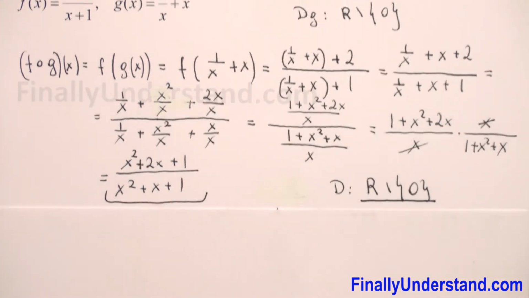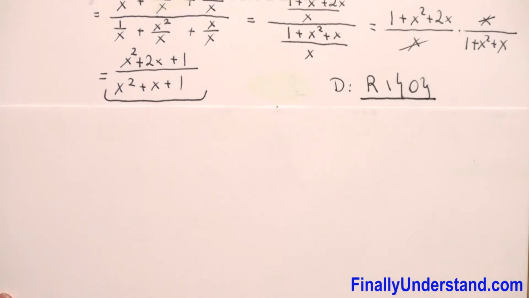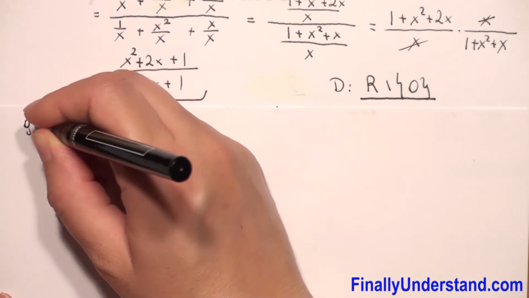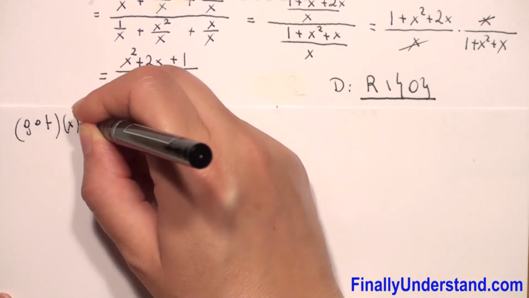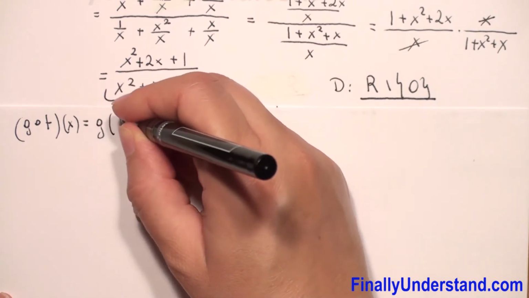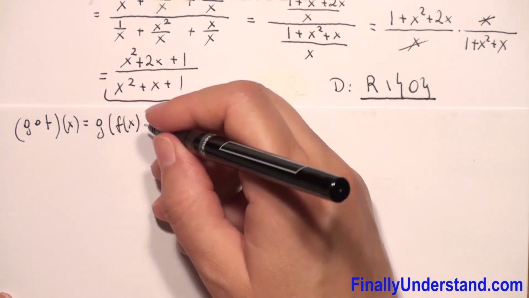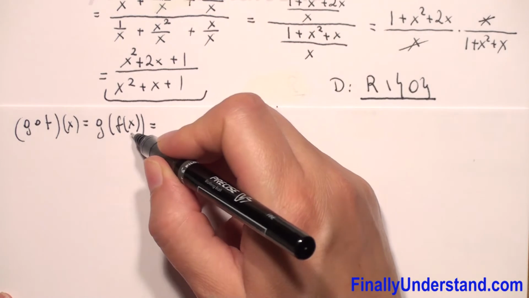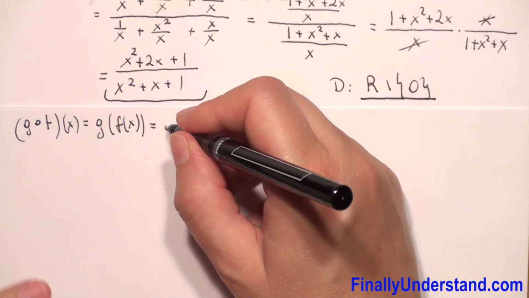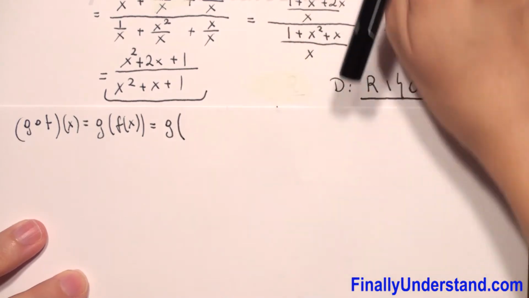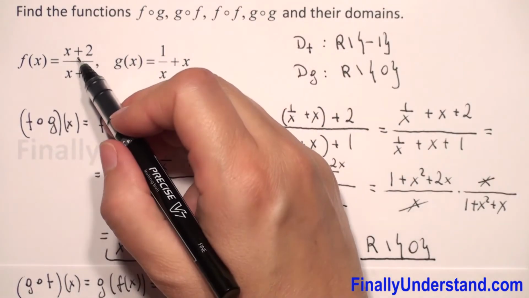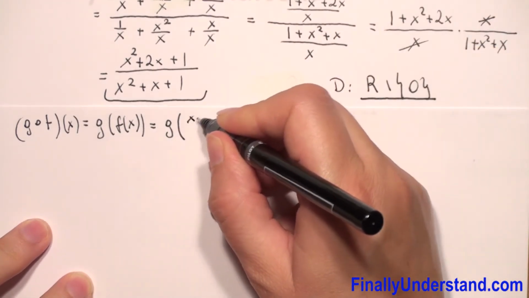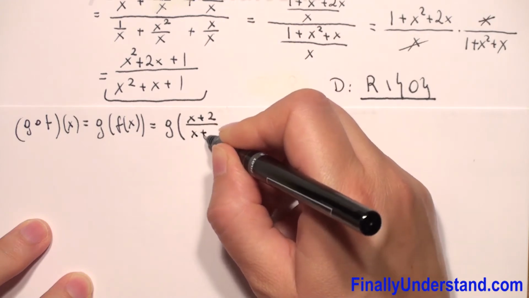Next, we have to find the composition g of f. So this is equal g of f of x. So now we have to replace f of x by the formula of our f function. So we have g of x plus 2 over x plus 1.